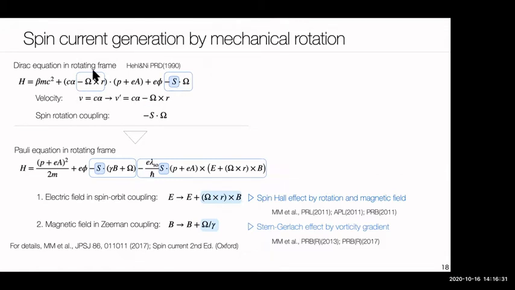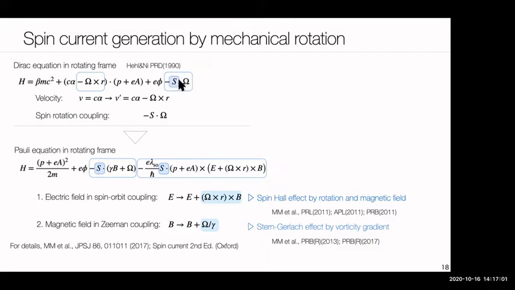And this omega cross r is the rotation velocity. As you know, the velocity operator for the Dirac spinor is c alpha. So this velocity operator is shifted by the mechanical rotation, omega cross r, and also the energy shift due to the spin rotation coupling is given in this form.